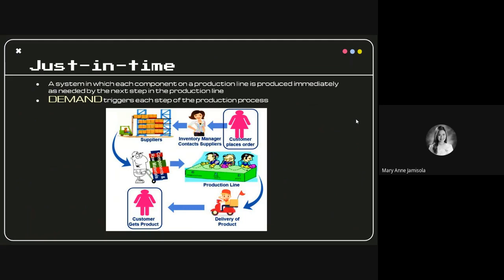So, in other words, it is the demand that triggers each step of the production process. Starting with the customer demand here, when the customer places an order, starting with the customer demand for a finished product at the end of the process and working all the way back to the demand for the direct materials at the beginning of the process.